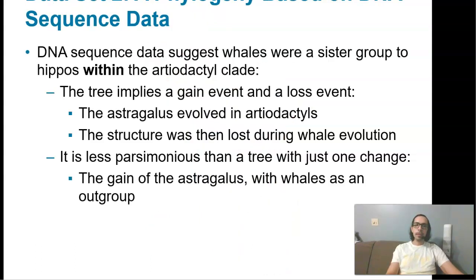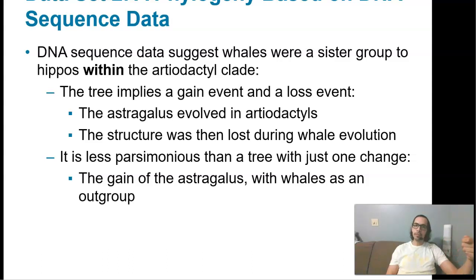But looking at the second data set, so looking at DNA sequence, this data suggests that whales were a sister group to hippos within the Artiodactyl clade. And so the tree implies that there was a gain event and then a loss event. So meaning that the ancestor of whales had the astragalus, but then lost it.